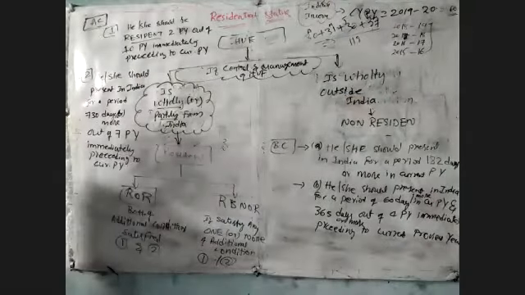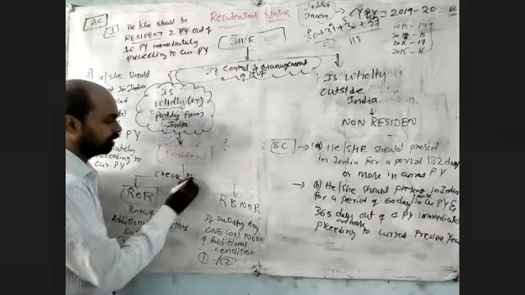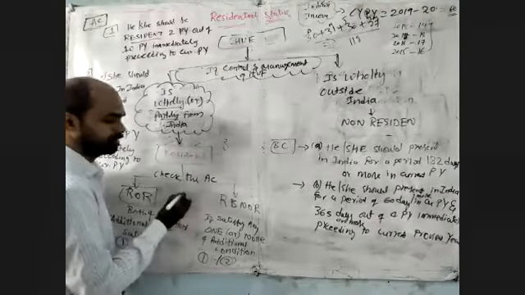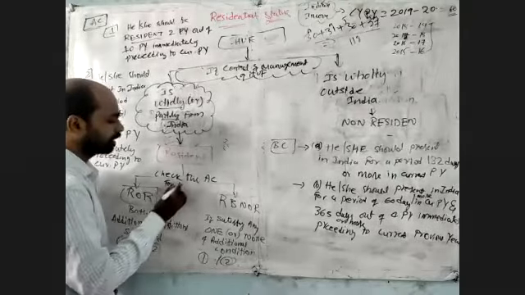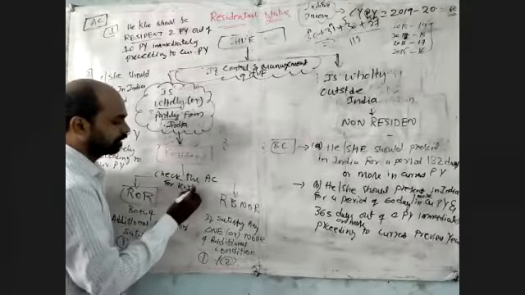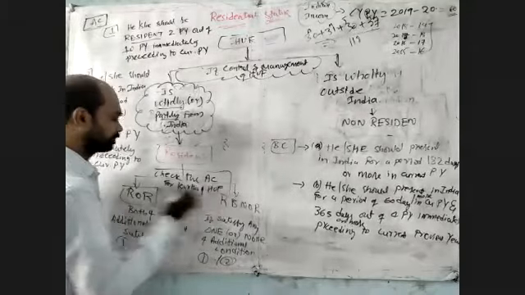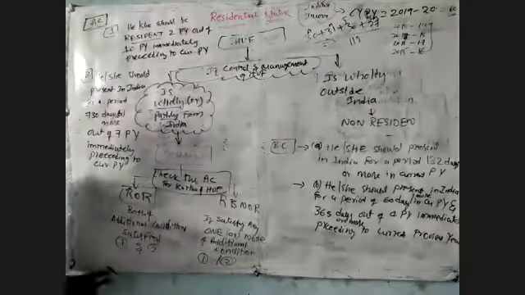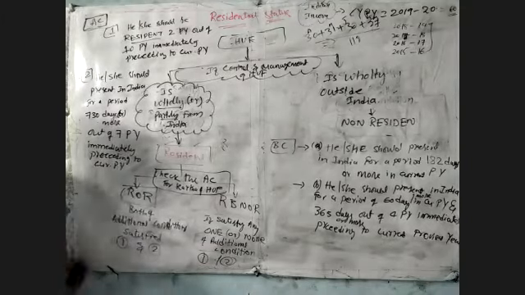If it is resident, check the additional conditions. Check the additional conditions for the Karta of HUF. If the Karta of HUF satisfies both additional conditions, HUF will become resident and ordinary resident.